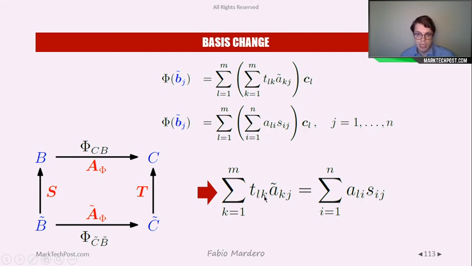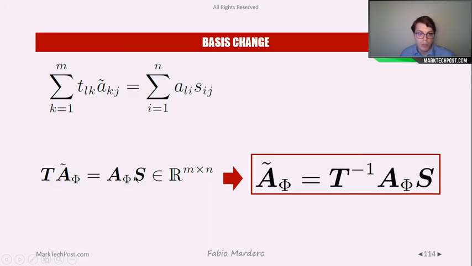As you can see, the K indexes are the ones that are summed together. You can see here the I indexes. So this can be written in a more general form using matrices: T of A tilde equals A times S.